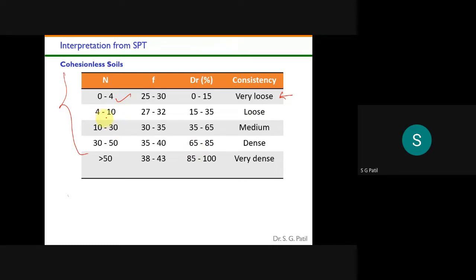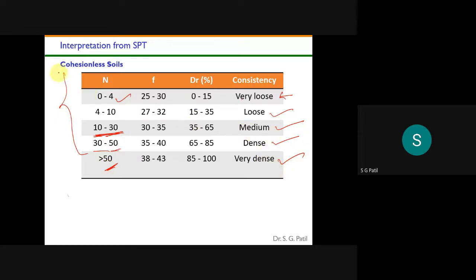If your N value is between 4 to 10, then you call that soil loose soil. If your N value is between 10 to 30, then you can call that soil medium dense soil. If your N value is 30 to 50, then dense soil. If your N value is more than 50, then it is very dense.